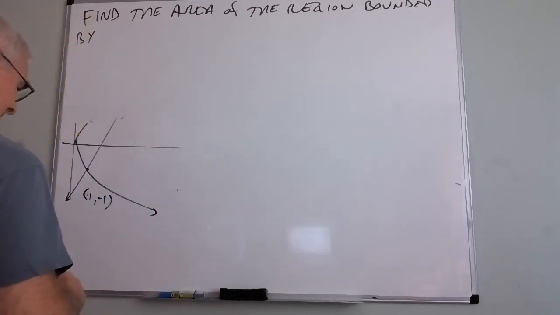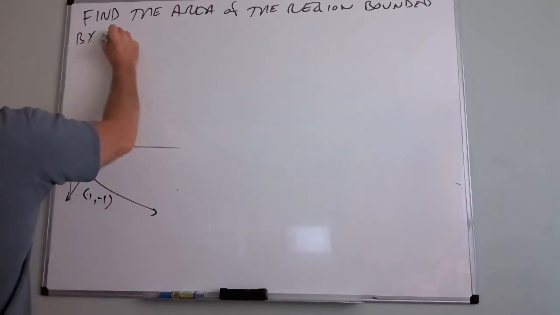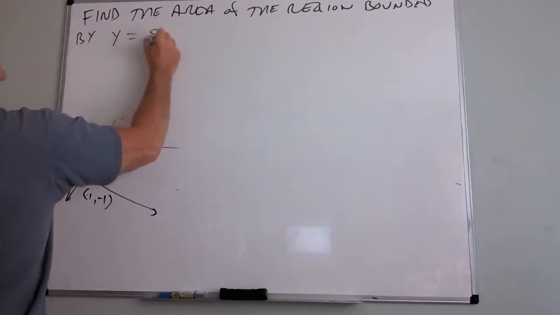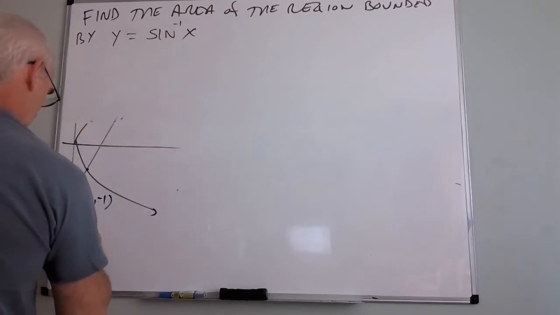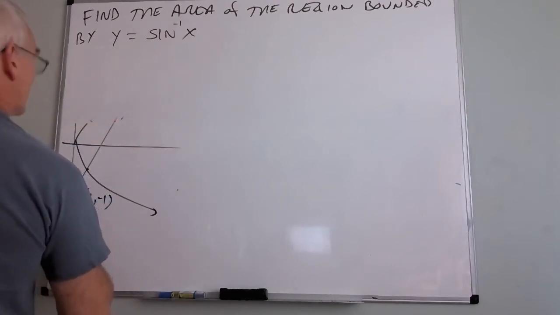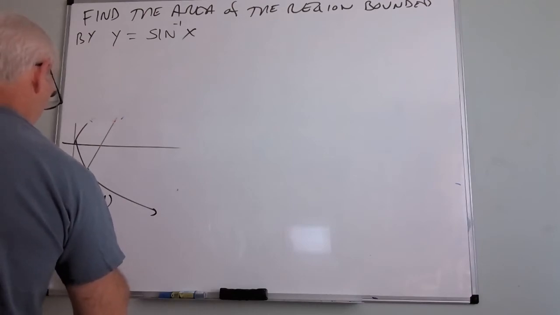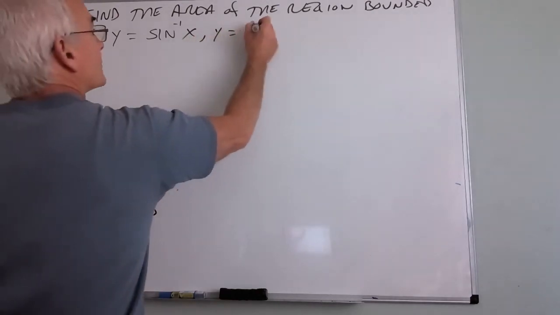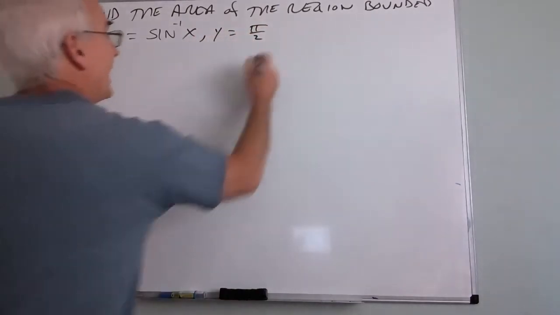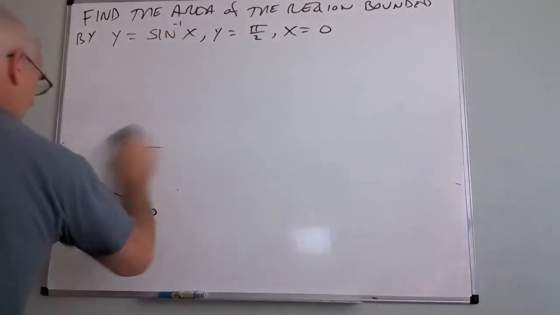Make sure I got this correct. y equals the inverse sine of x, hang on, give me 1 second, making sure I make this not too terrible. y equals pi over 2 and x equals 0. Okay, I got to make sure it's enclosed.